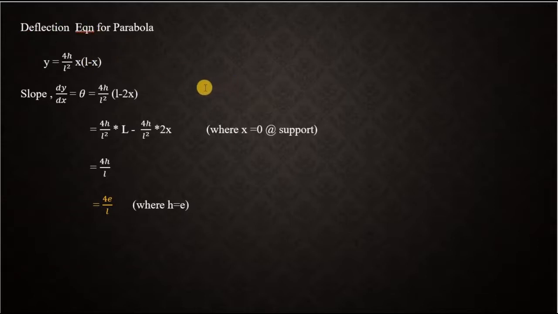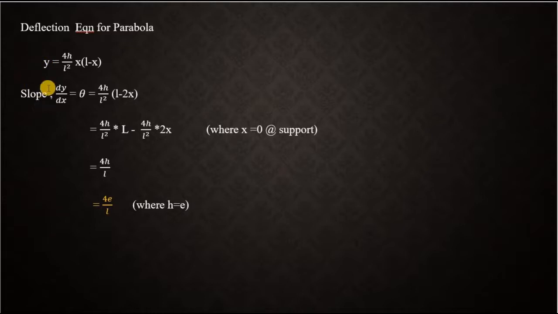Because they have given that the eccentricity at the support is 0 and at the center the e value is 200, we can make out that the cable variation is parabolic. Based on that, I am considering the deflection equation of a parabola, that is y equal to 4h by L square x into (L minus x). This is the equation for deflection, but we require the slope value.